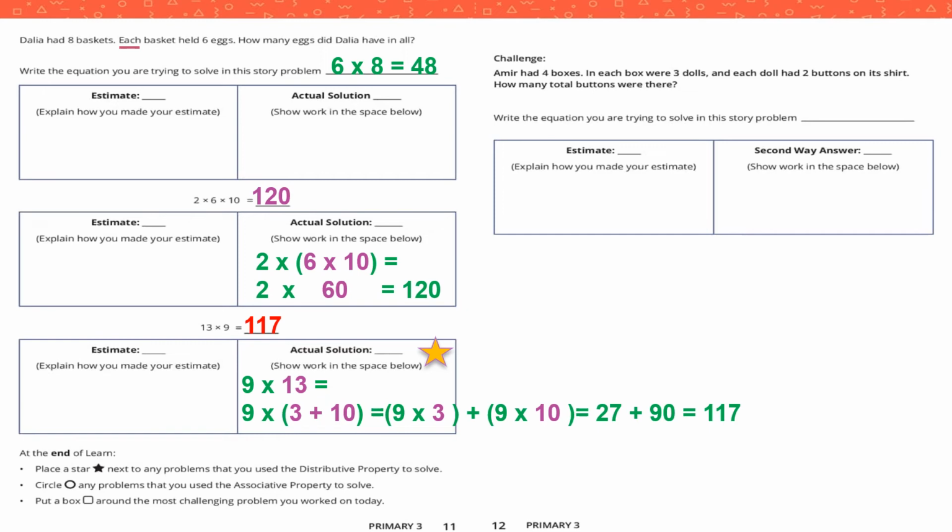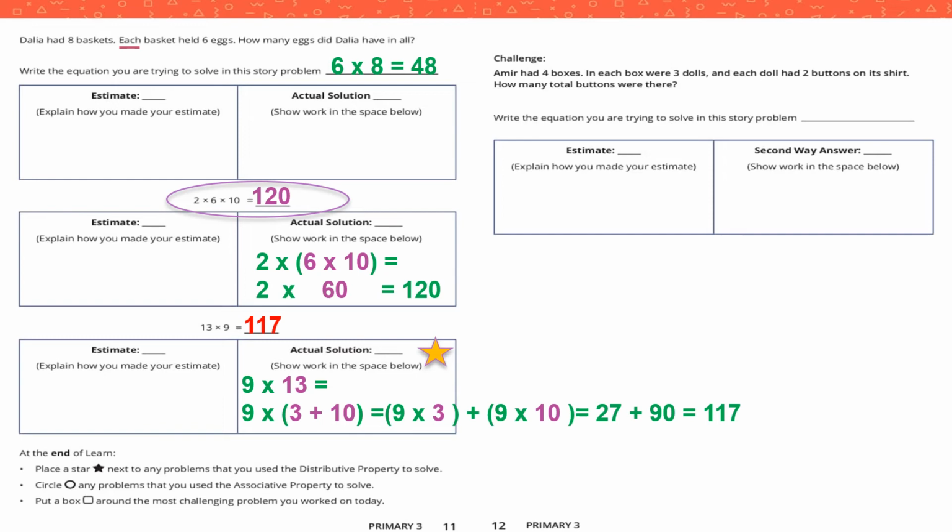Which one? Yes, this. And put a box around the most challenging problem. I think they are very easy. We studied them before, so if you find that something is challenging for you, you can put a box around it.